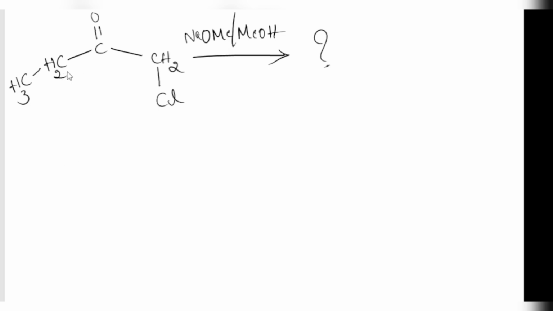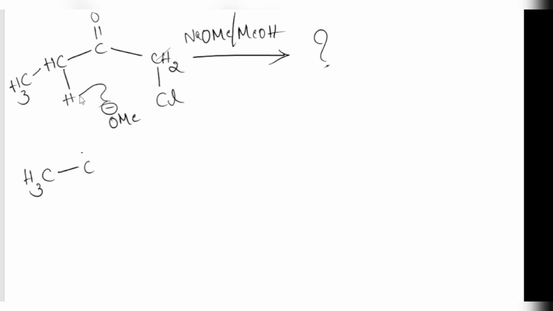First of all, abstraction of proton has to be done at the alpha position. These are acidic protons. Here also acidic protons are there, but there is no use, because it is a reversible reaction. That's why here I will write it as CH3 and C carbonyl. Here I can show it directly because we already worked on the mechanism.